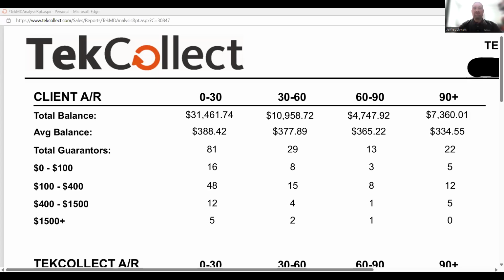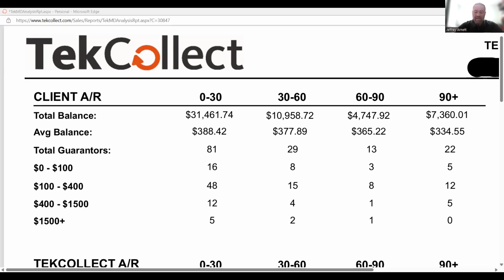Many times when I'm working with a practice, I see that the office manager, the accounts receivable person, has other tasks that they also do for the doctor or for the practice as well. So you may not always be able to solely concentrate on the AR, and that can take time and energy away from being able to have a healthy AR as well.